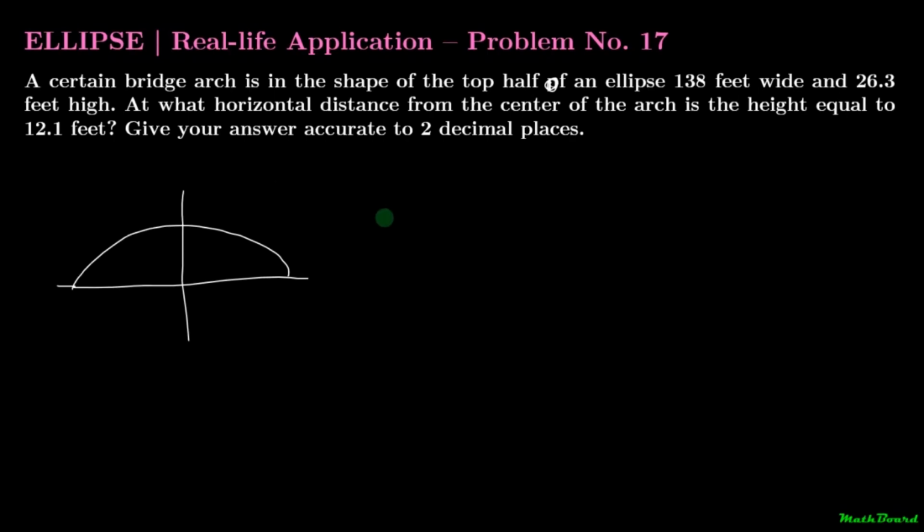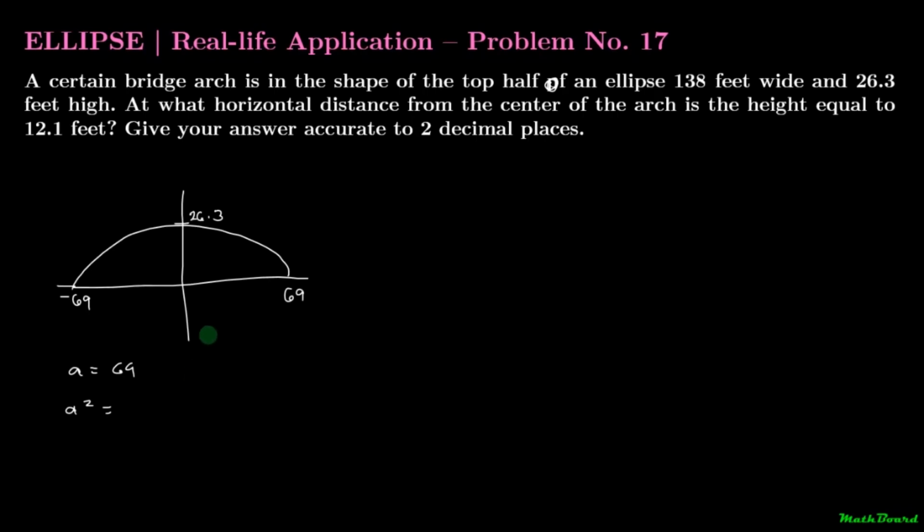So, pwede natin gawing 69 ito, so negative 69. Then, yung height ay 26.3. So, ang A natin dyan, 69. Therefore, ang A squared mo dyan is 69 squared.